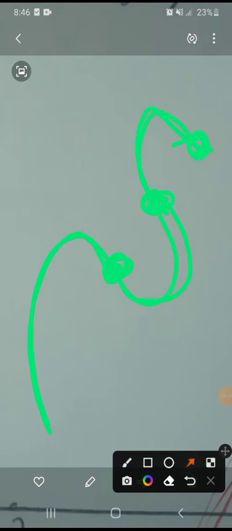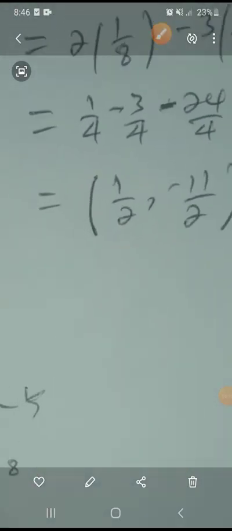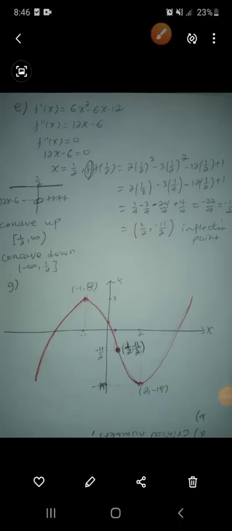So the inflection point is the point at which the curve changes from concave downward to concave upward, or from concave upward to concave downward. So the inflection point is (1/2, -11/2).